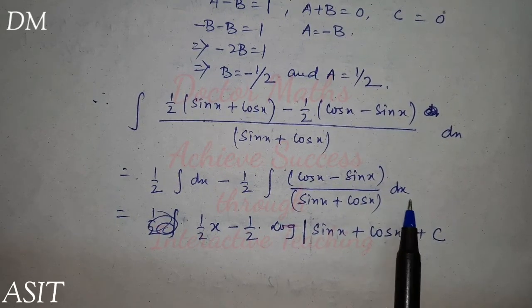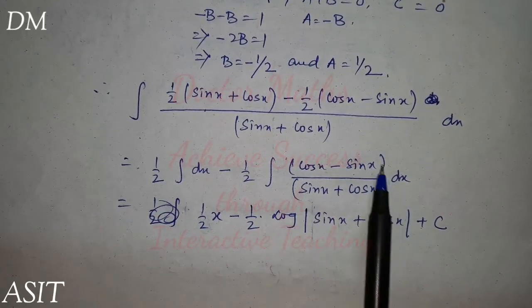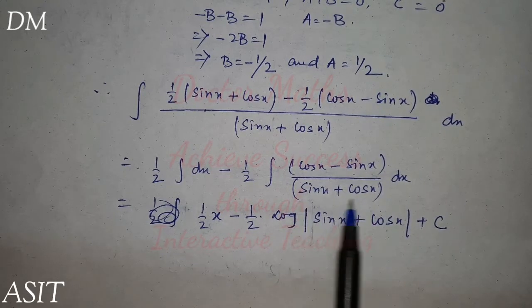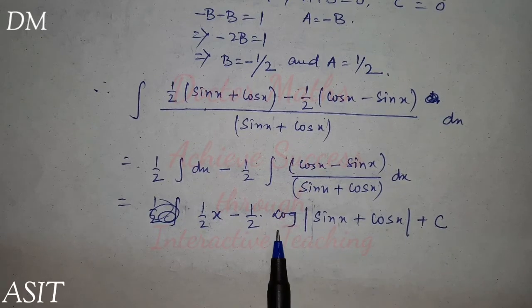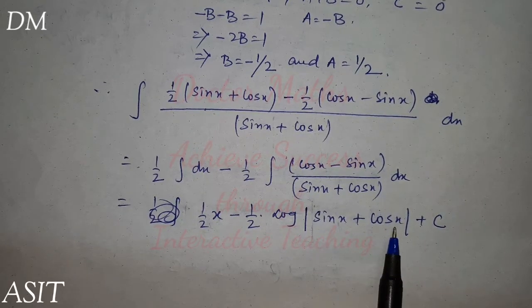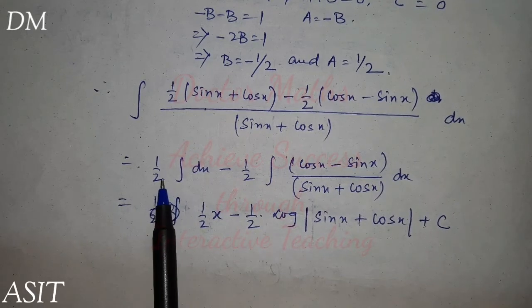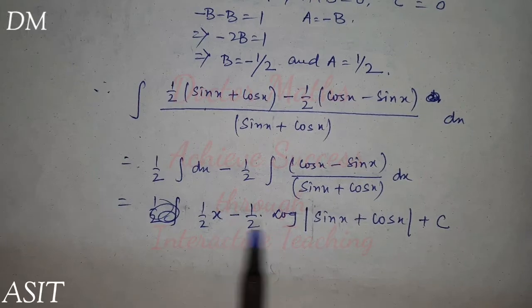We know the formula is log of mod f x. So therefore we can integrate this and the integration will be log mod of f x. f x is sin x plus cos x. So log mod sin x plus cos x. Already there is a minus half here, so minus half, and this integration will be x, so it will be half x plus c.